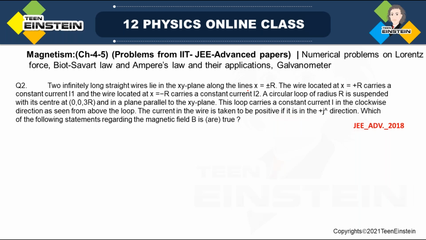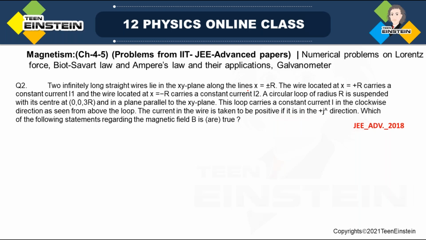The magnetic field created by this particular wire at this position will always be in the upward direction, and the magnetic field produced by this wire will be in this direction.